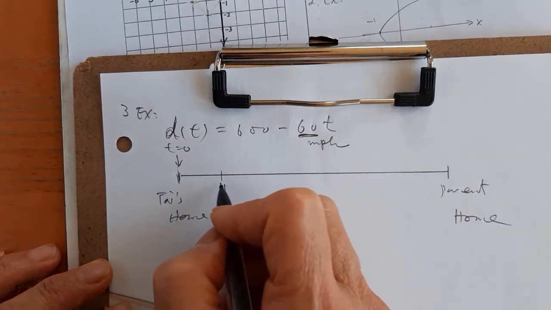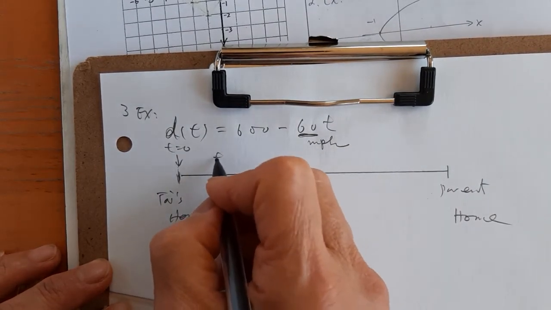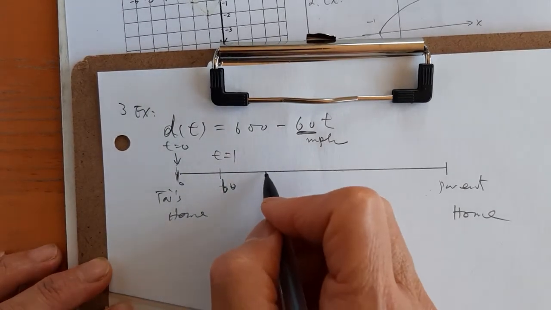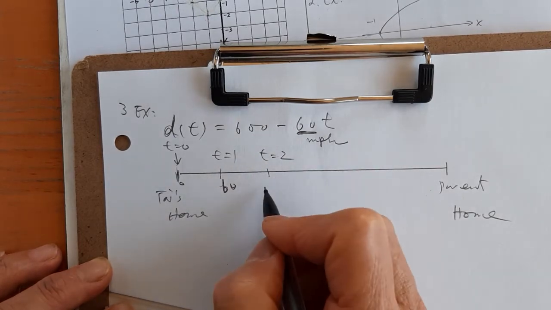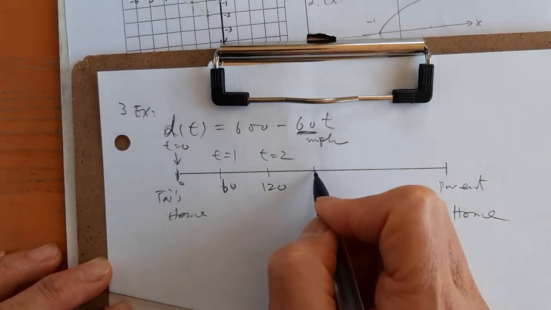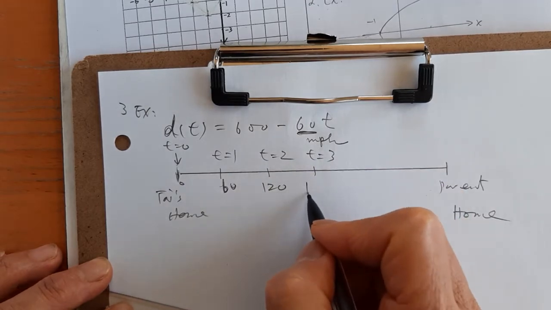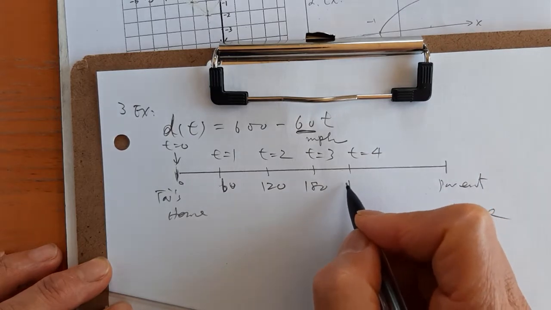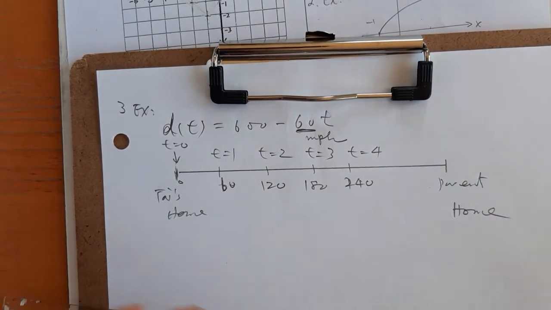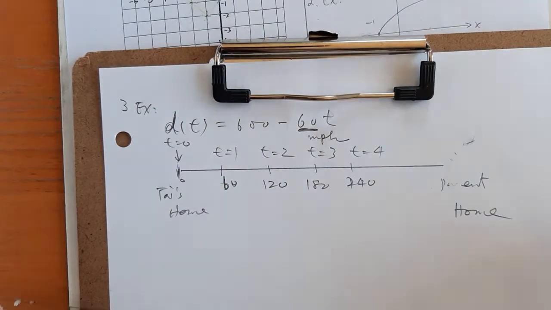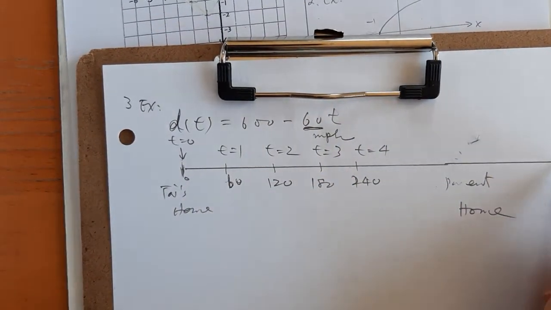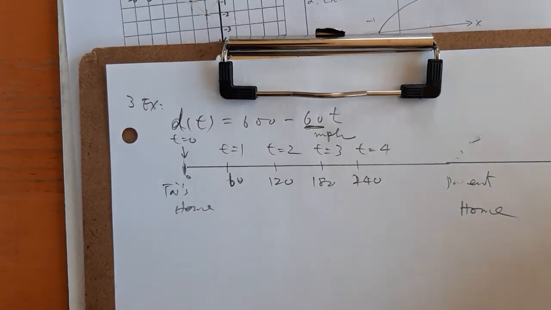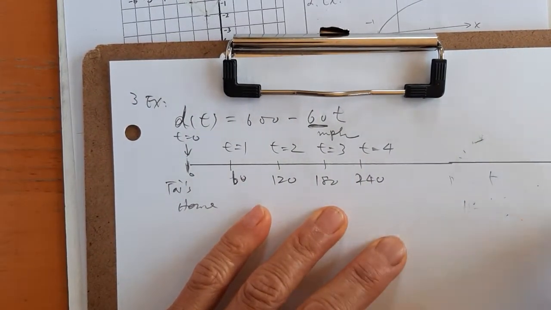So after 1 hour, t equal 1, is 60 miles, and t equal 2 is 120 miles, and t equal 3 is 180 miles, and t equal 4 is 240 miles, and so on. Keep going until how many hours you can reach the parents' home. After how many hours can he reach the parents' home?